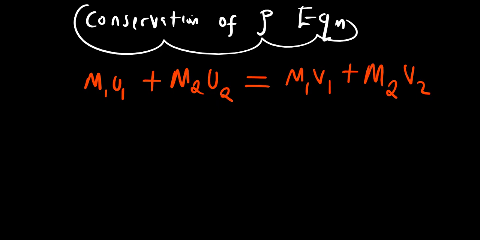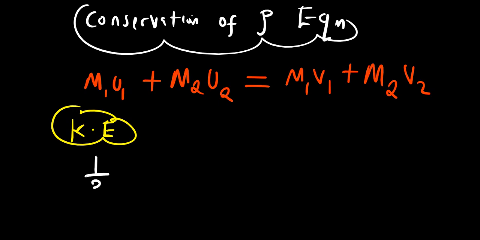Now what about the kinetic energy? Because we're talking about this object being in motion. Momentum is mass in motion. So the conservation of kinetic energy equation, you know from the basic premise, kinetic energy is equal to half mv squared. Therefore, what would be our equation for kinetic energy? So for us to find the kinetic energy, we're going to say half mv squared, or let's say half mu squared for the first ball, or let's say the white ball.